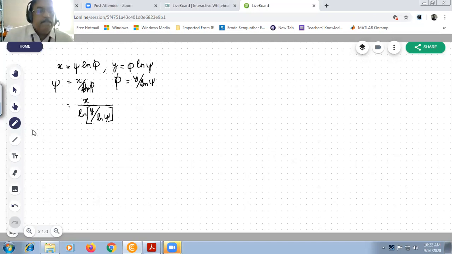Okay, right? So you can have psi like this. Let us have it like this, x divided by ln y minus ln psi. Okay, this is psi, right? You differentiate this, right?